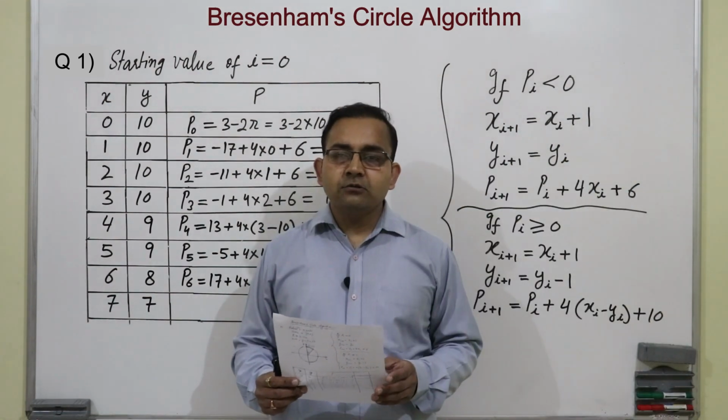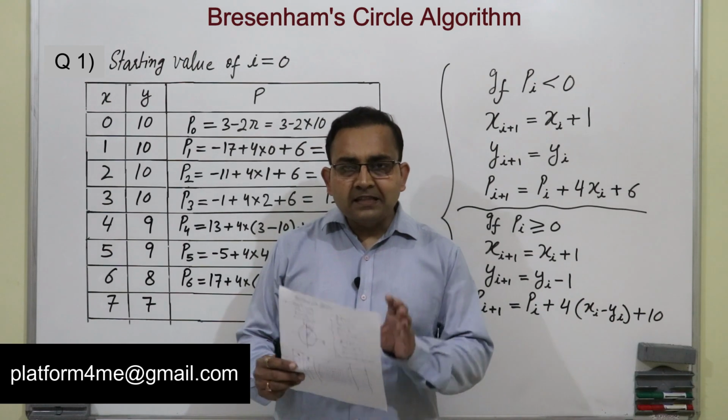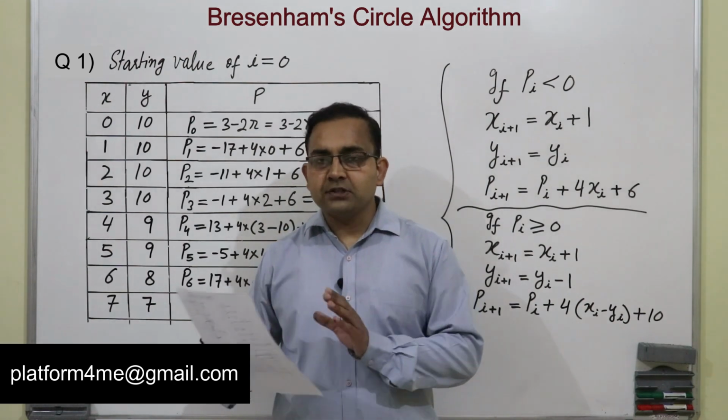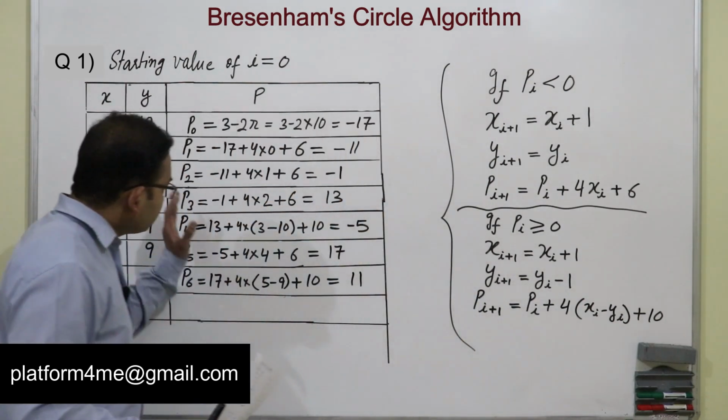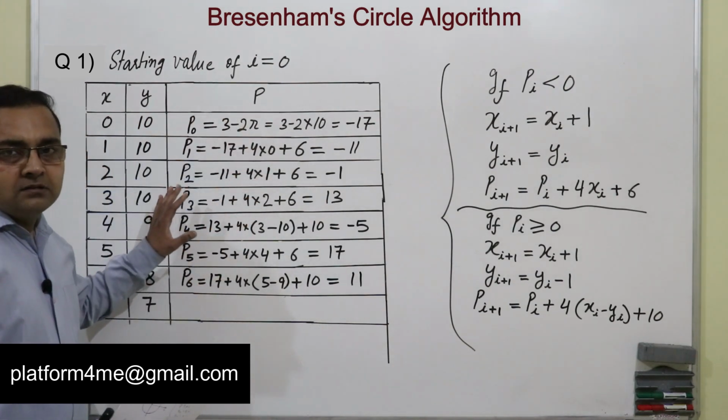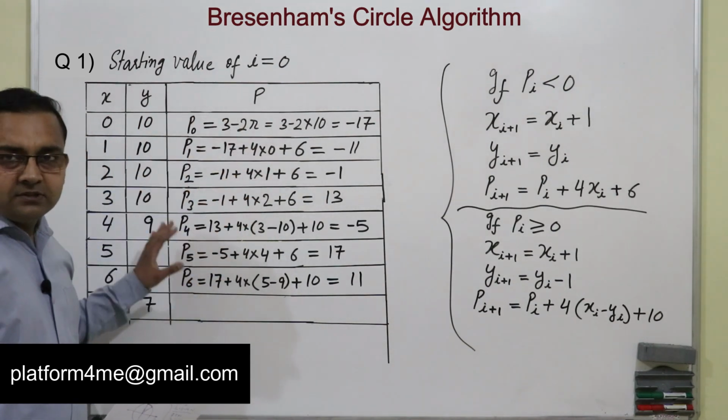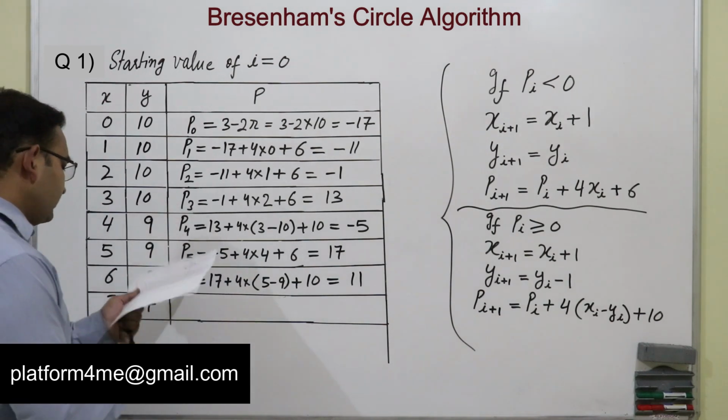Now, we will do the second question. The second question is slightly different from the first question. This table will be part of the second question, that is why I am not rubbing this one. I am writing question number 2.